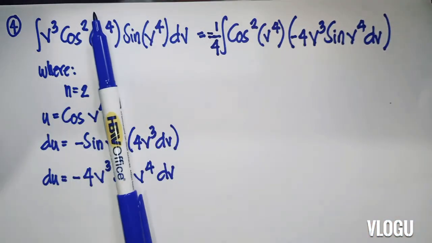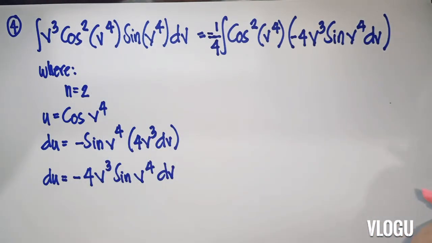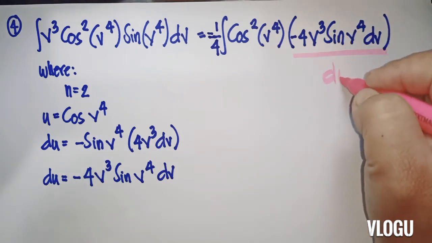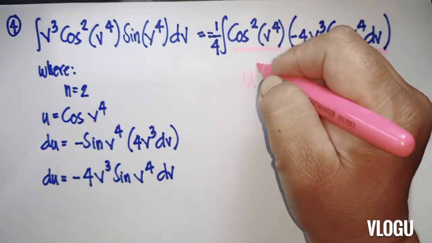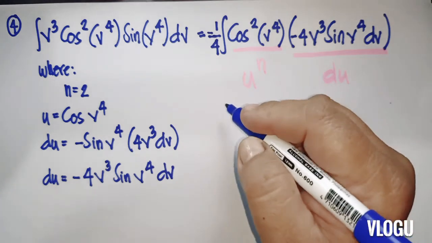So as you can see here, we have our du, and this one is our u to the n. So proceed now to the formula.